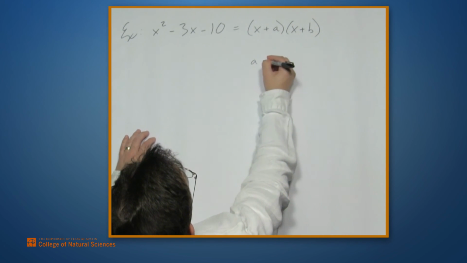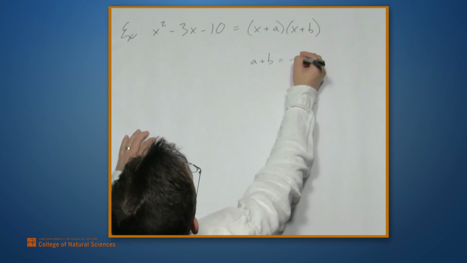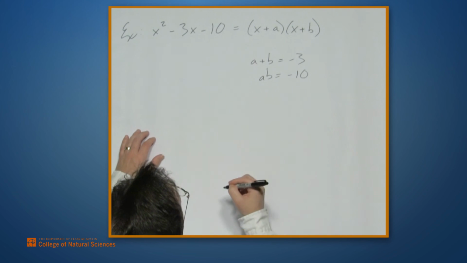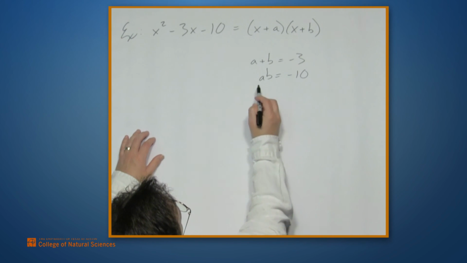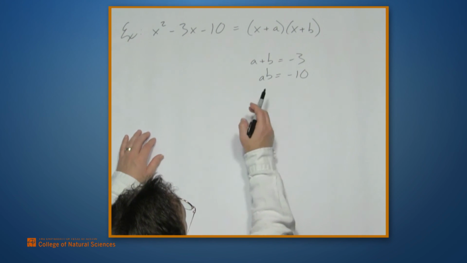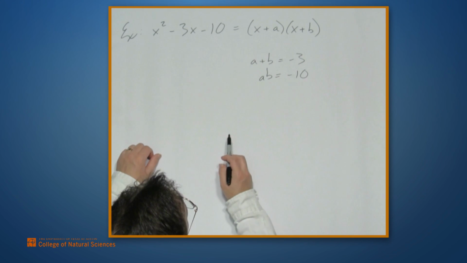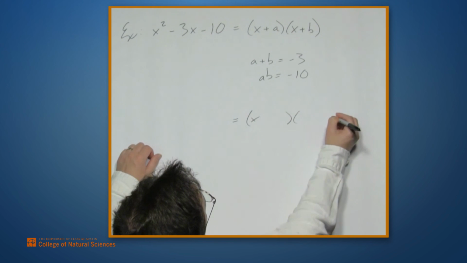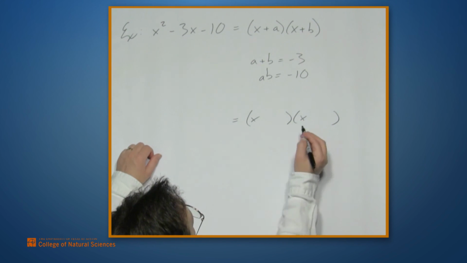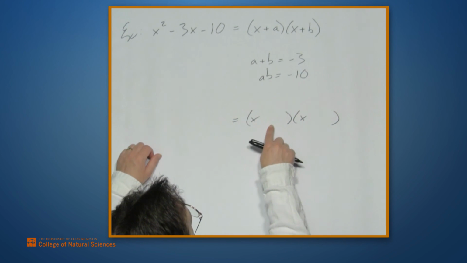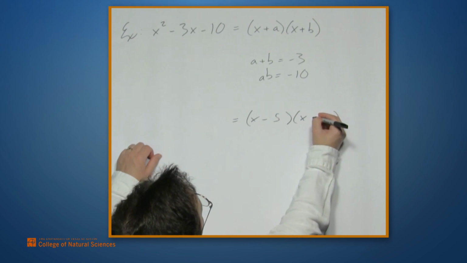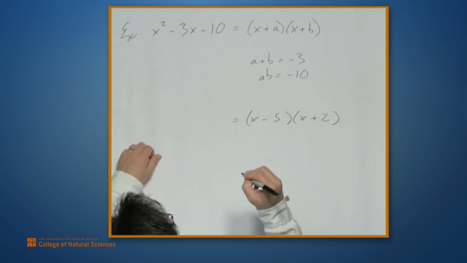And we know that a plus b is negative 3, and a times b is negative 10. Just as before, a and b must have opposite signs, except now their sum is negative 3. So this means that whatever the larger of the 2 numbers is, we'll get the subtraction sign. So this time we have (x minus 5) times (x plus 2).